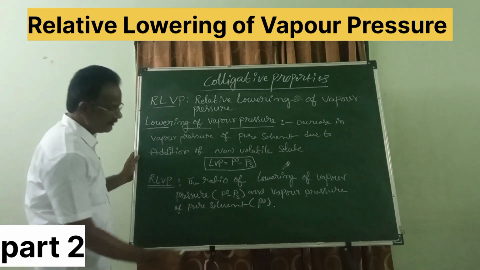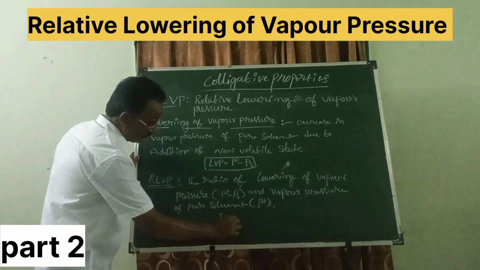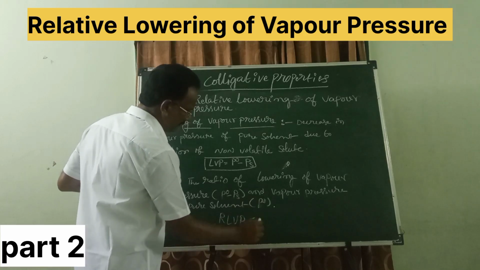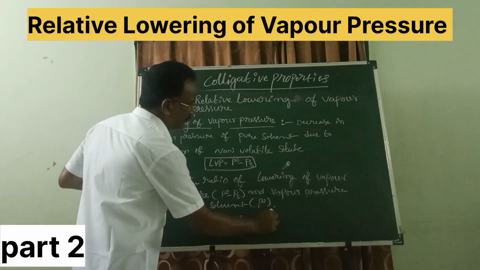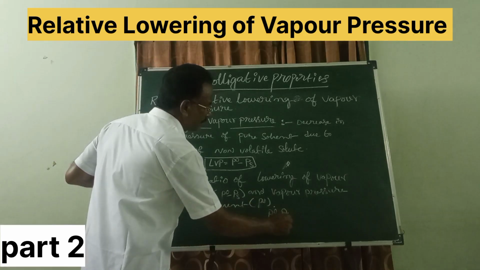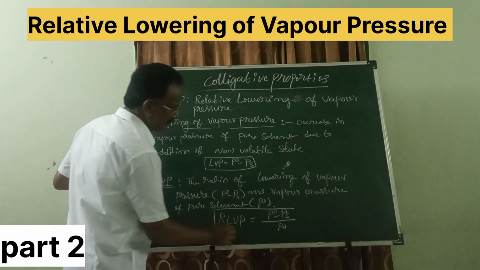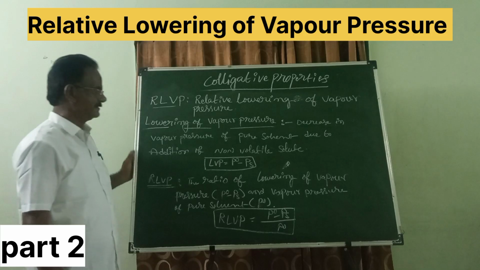Now let us write the representation of RLVP. Then RLVP is equal to P0 minus Ps by P0. This is relative lowering of vapor pressure.